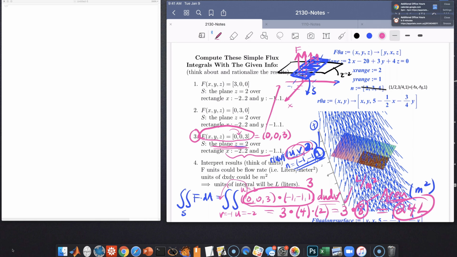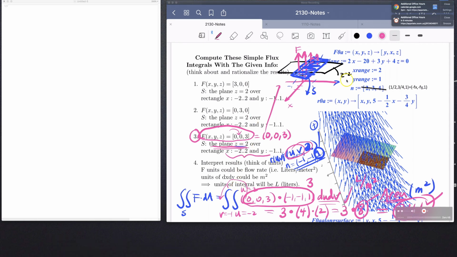The vector field has physical units like a flow rate, and when you do the surface integral, you're adding up the flow rate across a certain area, and the end result is a total amount of flow, 24 liters through the surface.